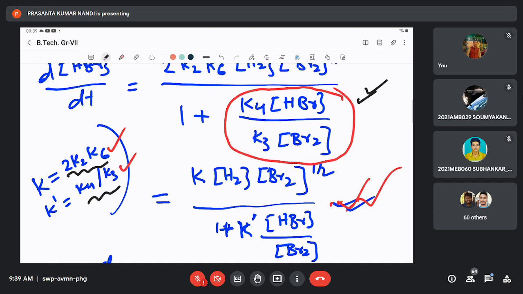Is it clear? You just compare that experimentally observed rate law with these theoretically deduced rate expressions that were proposed by Polanyi et al. Do you have any confusion or any question, please?